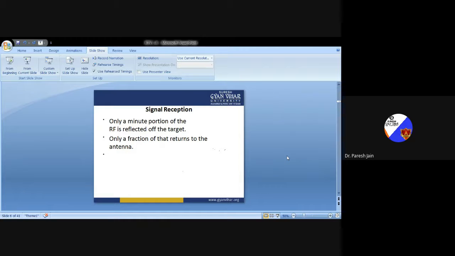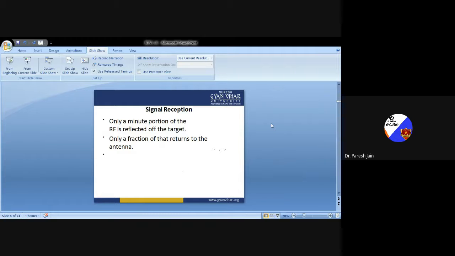Signal reception. These are the factors whose names were already discussed in the previous lecture. So now we are going to look at the basics of these points, the factors that affect the receiver performance.